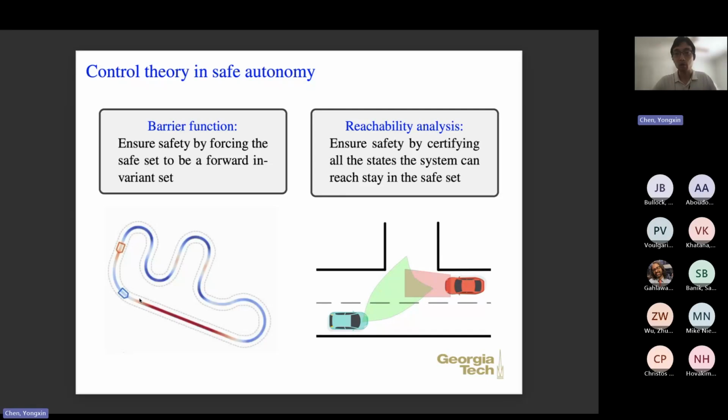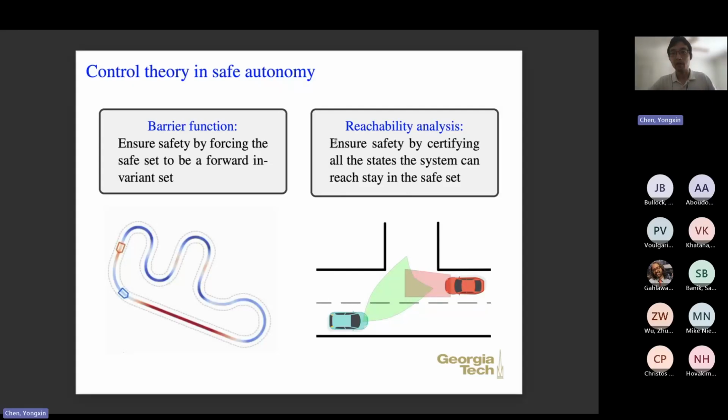Reachability analysis is slightly different. What reachability analysis does is basically predict all the possible futures. For example, when you take a left turn, depending on the accuracy of your turning, you have many possible futures. If each of these possible futures is safe, then you are safe.